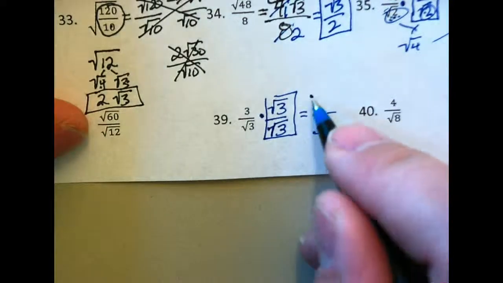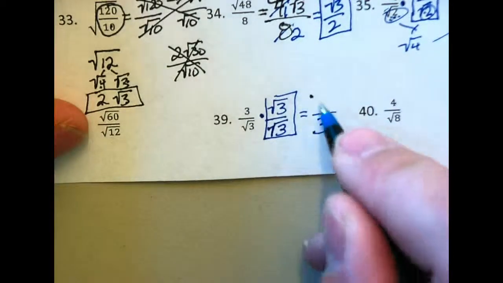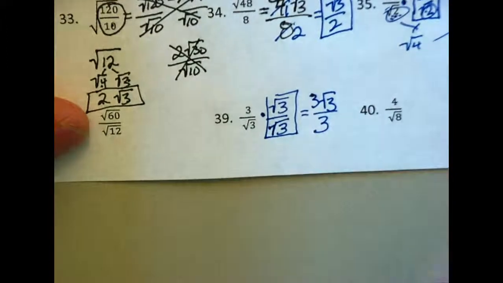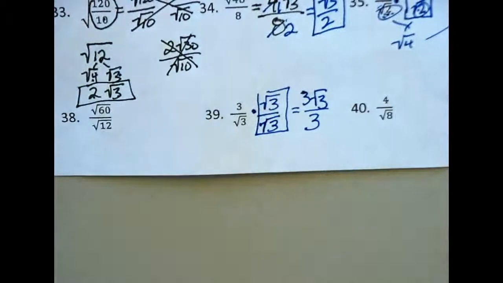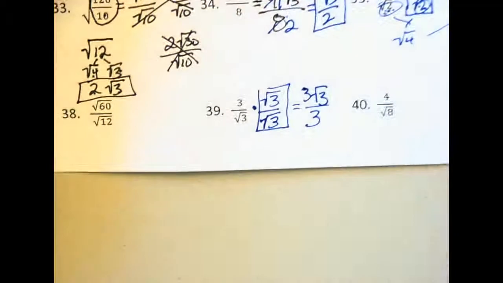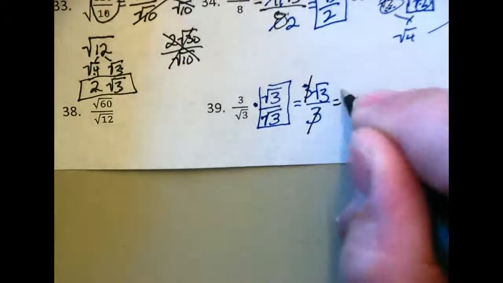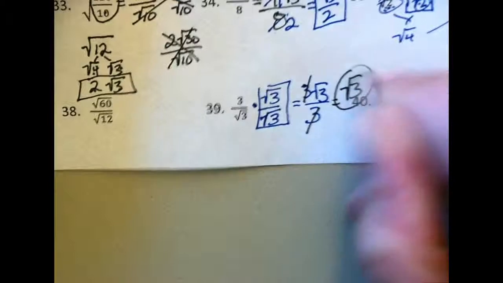Yes. 3 times square root of 3. All right, now what? Anderson. Then you divide the top 3 by the bottom 3. And so my answer is? Square root 3. Root 3.